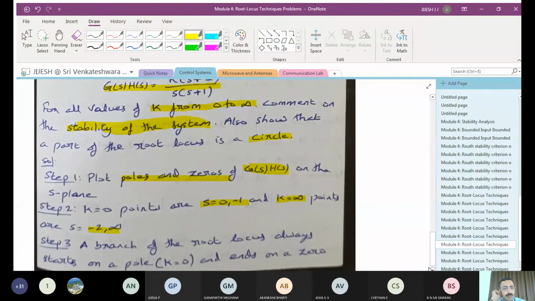A branch of the root locus always starts on a pole, that is K = 0, and ends on a zero. So you have to write all the steps and complete them one by one.